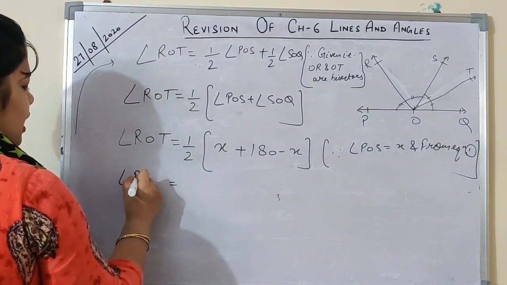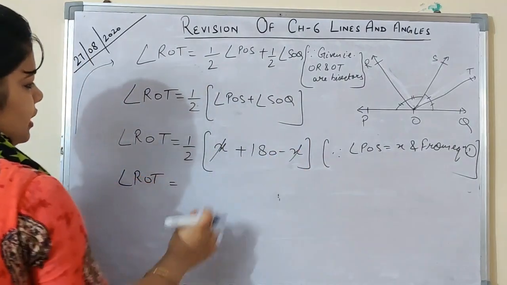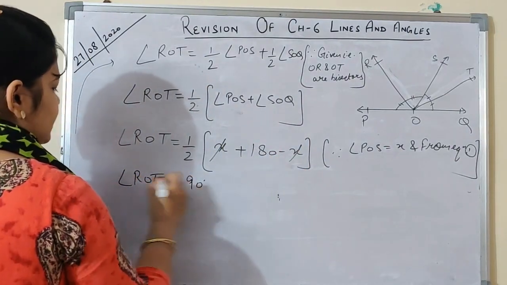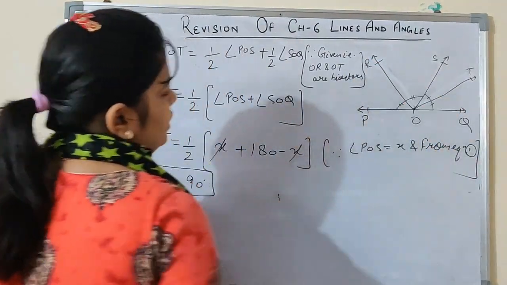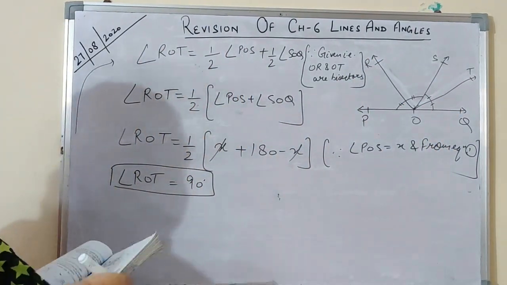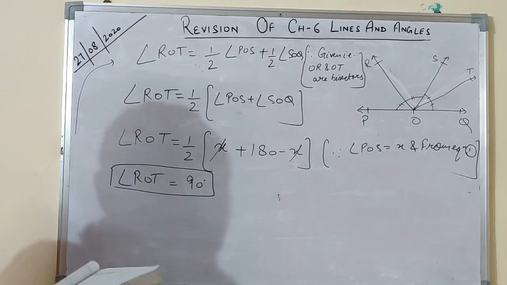After that, angle ROT will become, because it will cancel out, so it will become 90 degree. So angle ROT is of 90 degree. I think till here there is no doubt. So if you want to write, then you can write it.